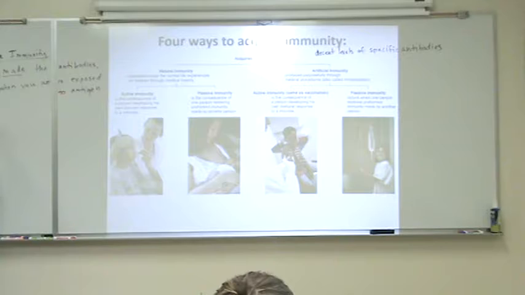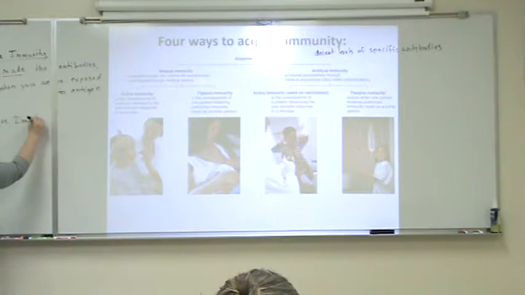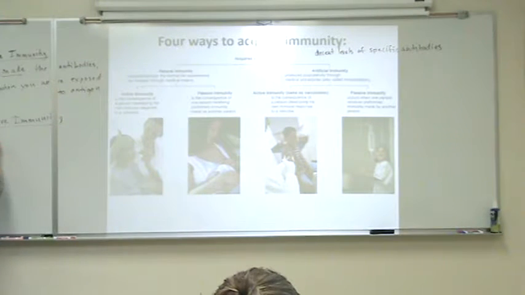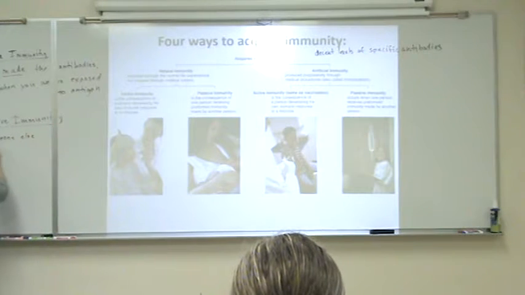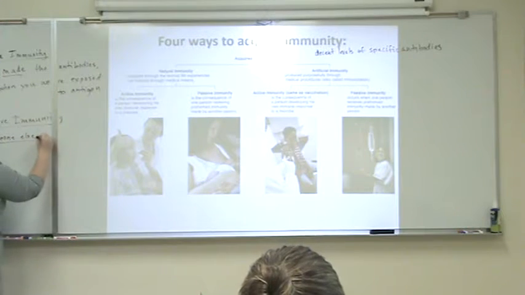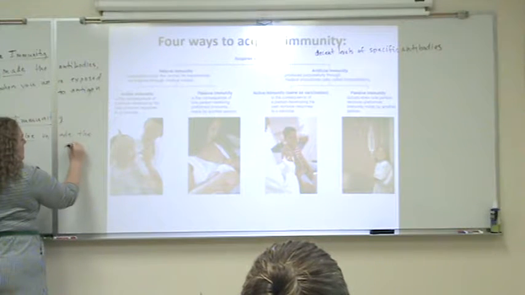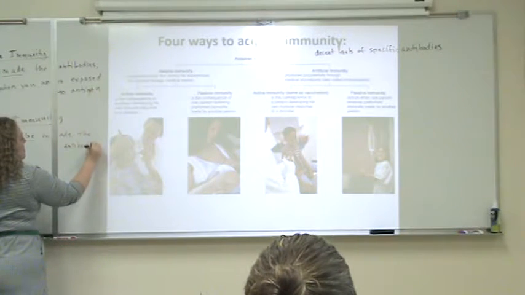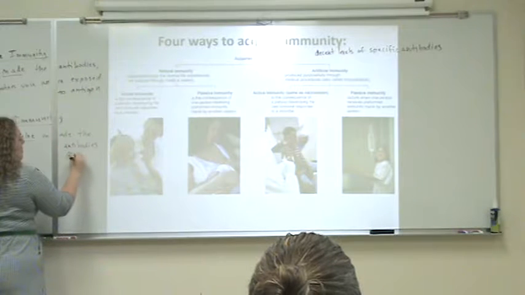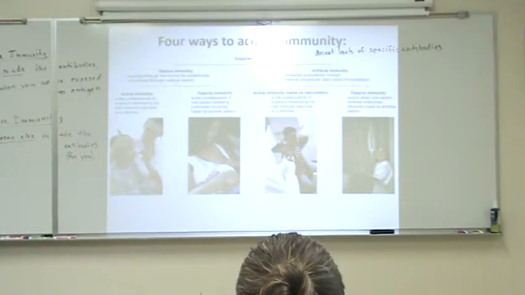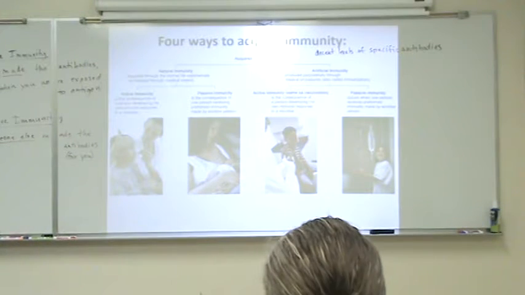If we say that something is passive immunity, someone else made the antibodies. Someone else made those antibodies, and in a way you can think of it, they made it for you, kind of. So that's active versus passive.